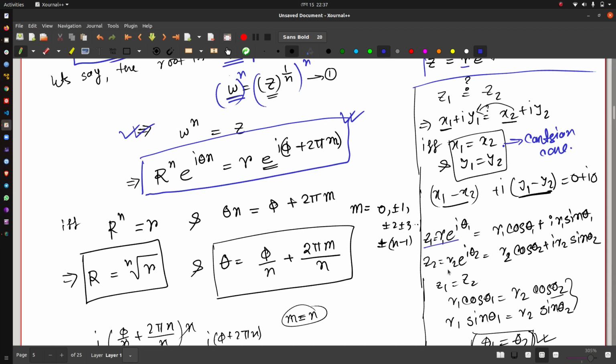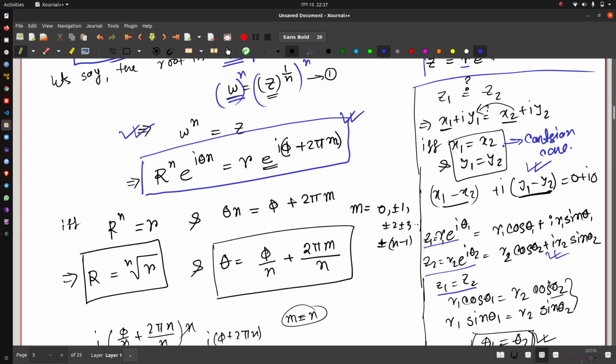so you write these two in polar forms, you get this r1 cos theta 1 plus i r1 sin theta 1. Similarly for z2 you get this expression, and you are saying, okay, I'm demanding these two to be equal. If I do that, then again by this argument, similarly the real parts and the imaginary parts have to be equal to each other.